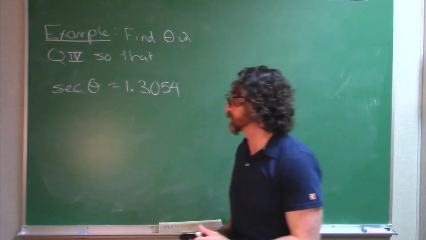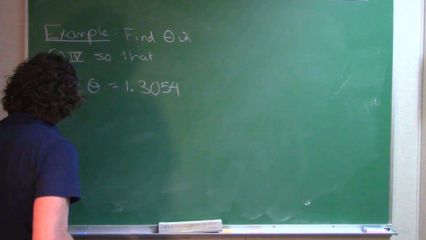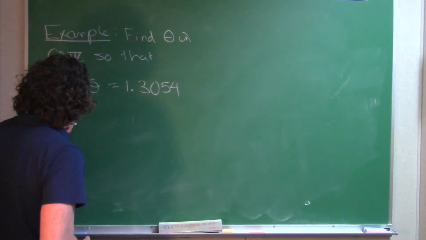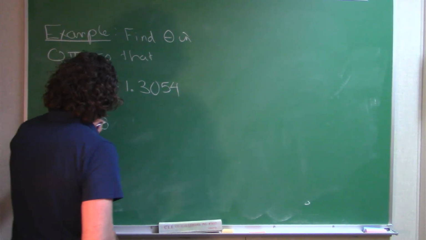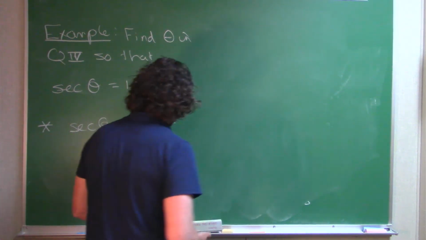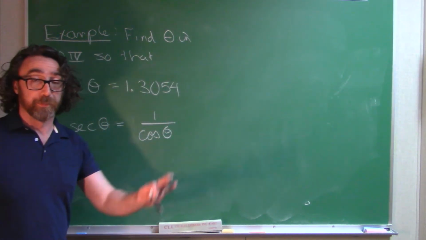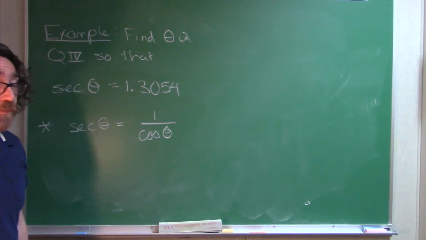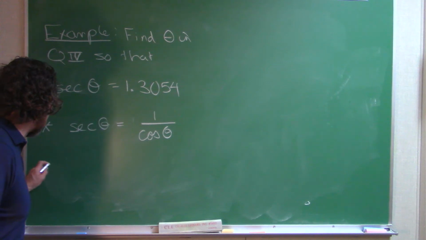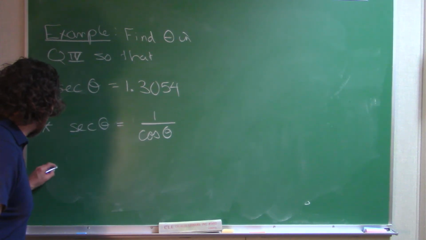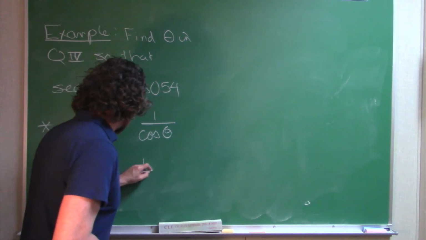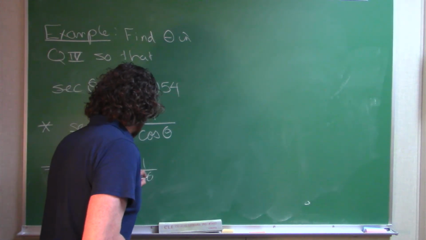But we know that secant is related to cosine. Secant theta is the reciprocal of cosine, going back to material that we covered in the first week, the reciprocal identities. So, the reciprocal relationship is symmetric, so if that's true, that means that cosine theta would be 1 over secant theta.